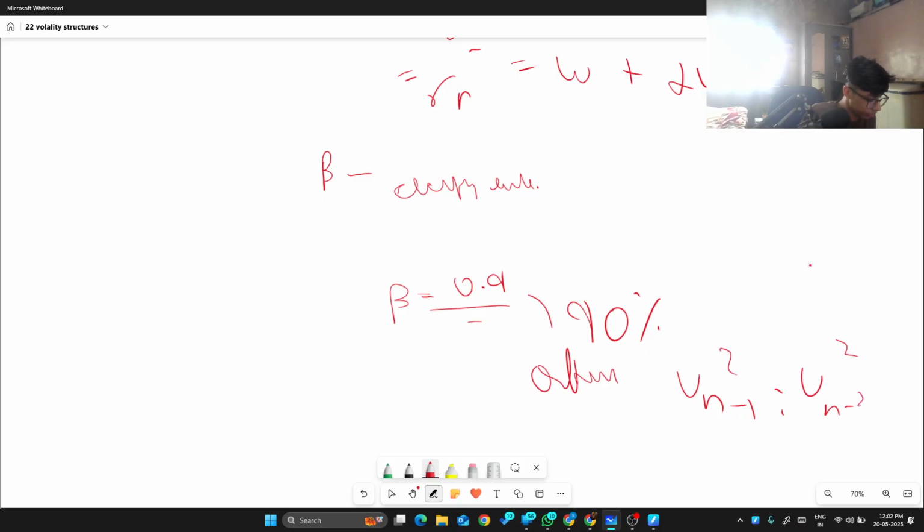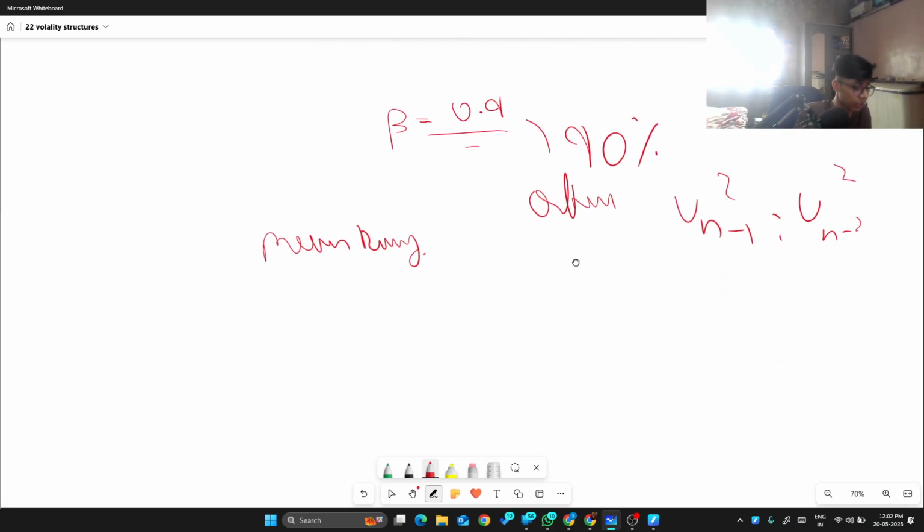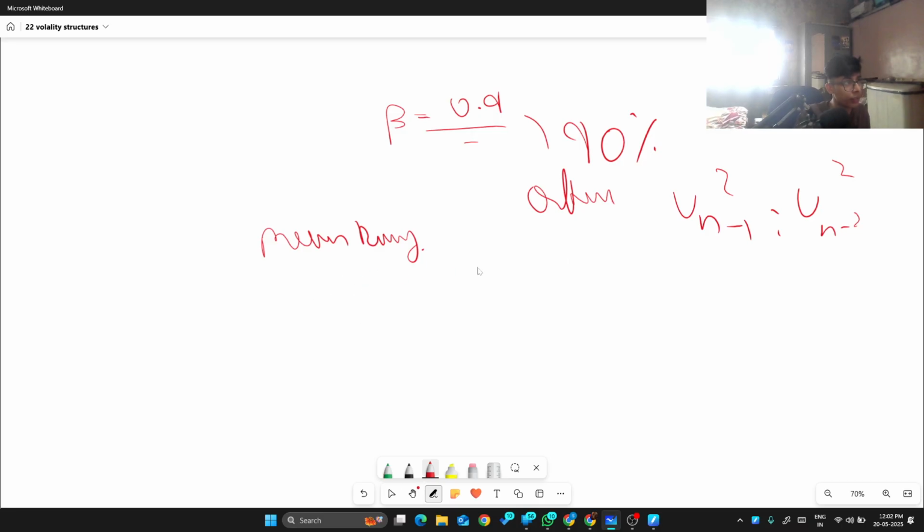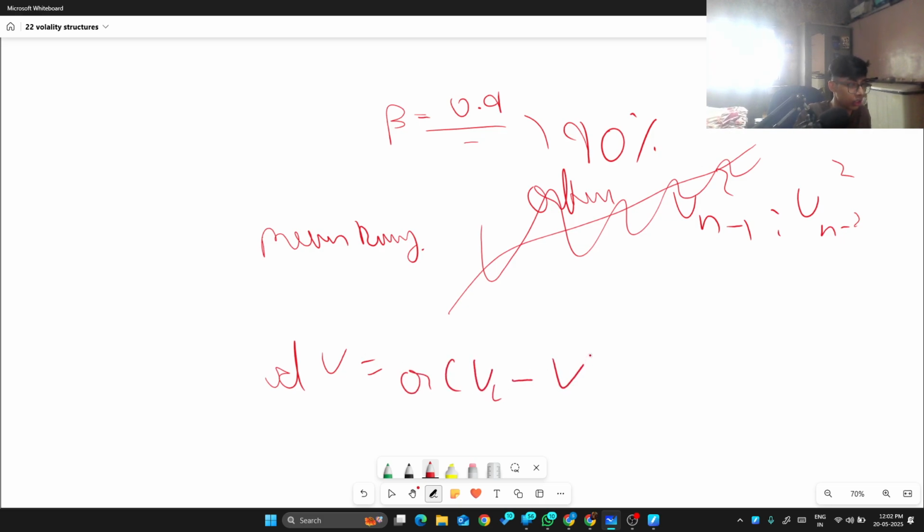And apart from that, mean reverting process. GARCH is also a mean reverting process. That means the process reverts around the mean. ARCH is also a mean reverting process. Exponential moving average is also mean reverting. This is our drift term.